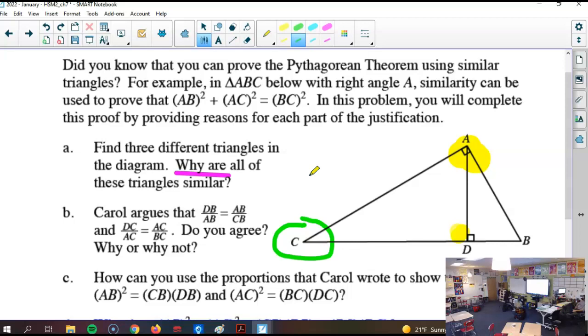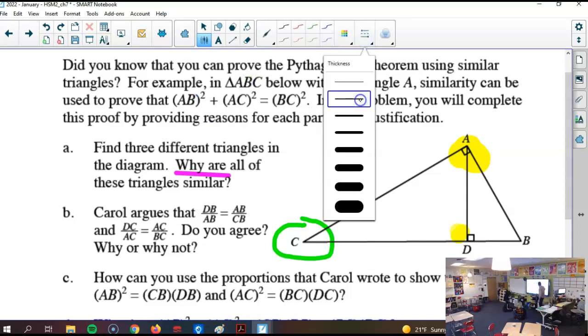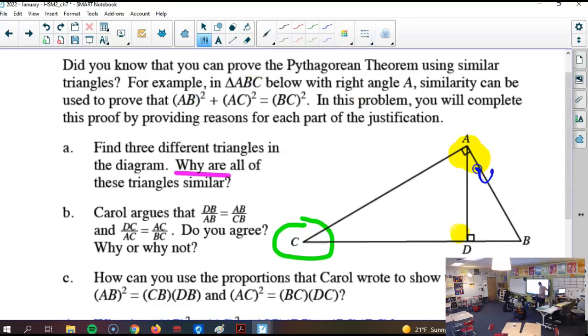This here is 90 minus B, and this is also 90 minus B, but we don't even need to know that because we already had the angle.